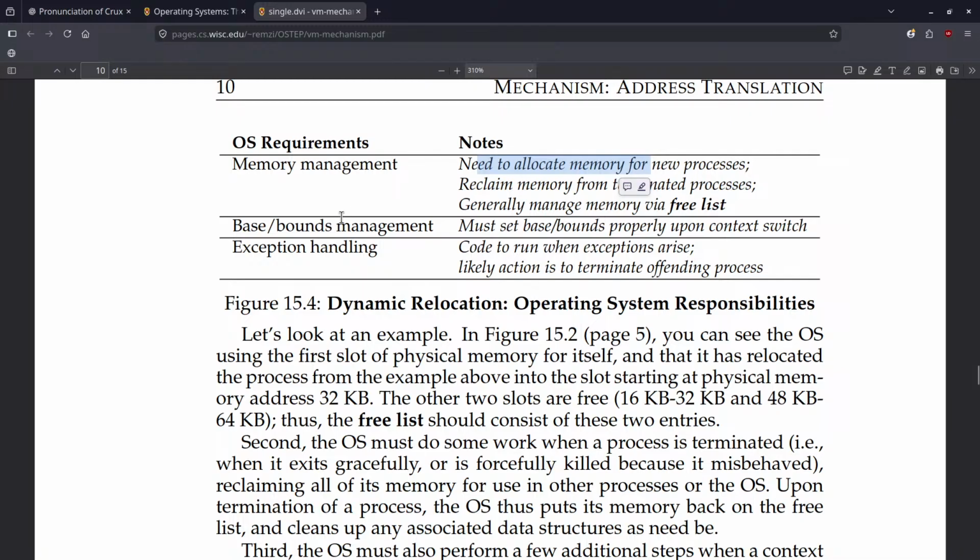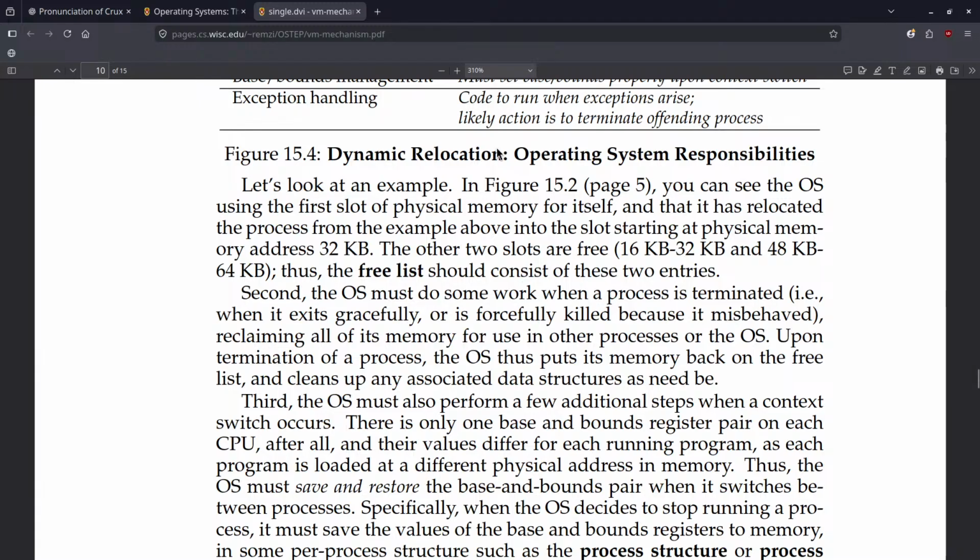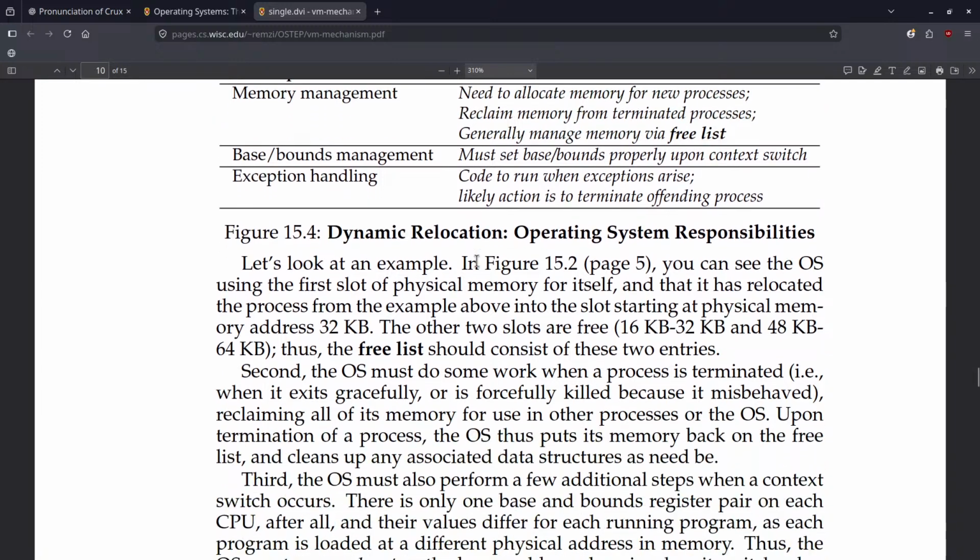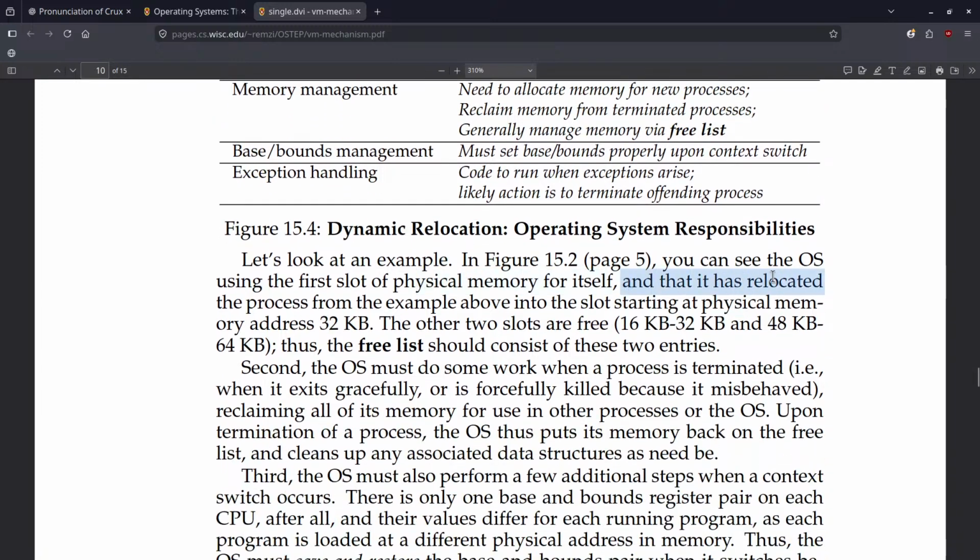Memory management. Let's look at an example. In figure 15.2, you can see the OS using the first slot of memory for itself, and that it has relocated the process from the example above into the slot starting at physical memory address 32 kilobytes.